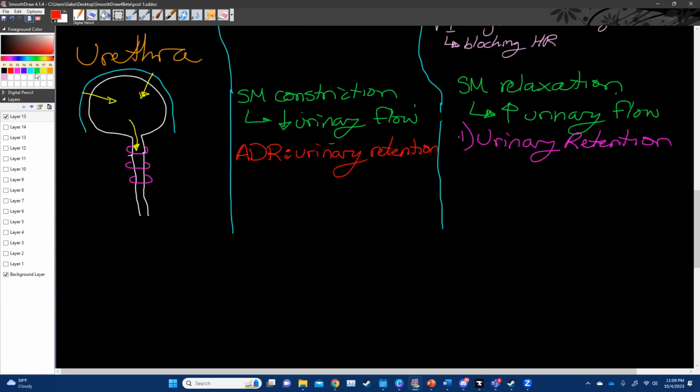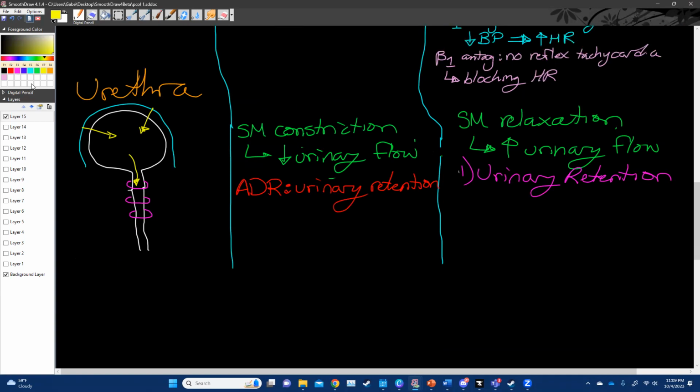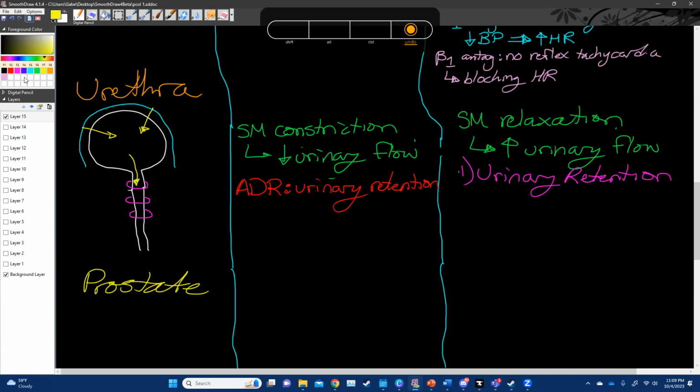Let's talk about something close by, which is the prostate. So in men, they have an extra gland that sits just below the bladder. And the prostate is like a little donut that surrounds the neck of the bladder.